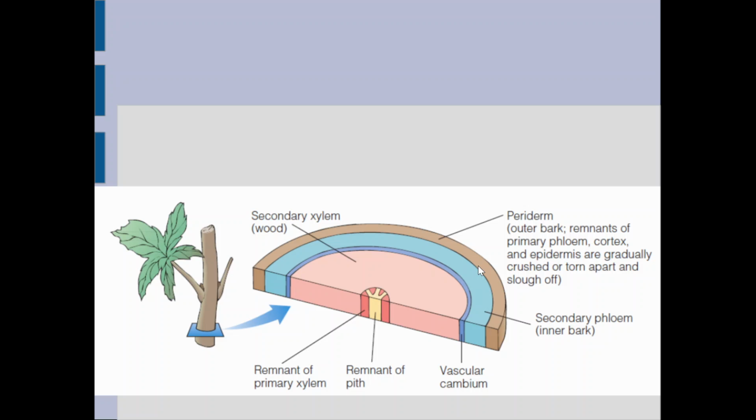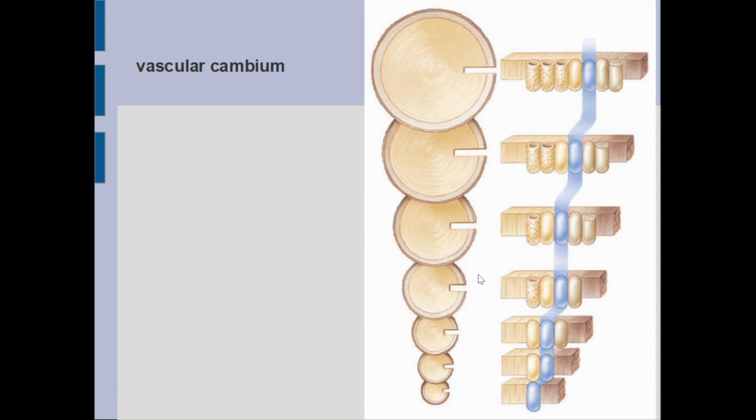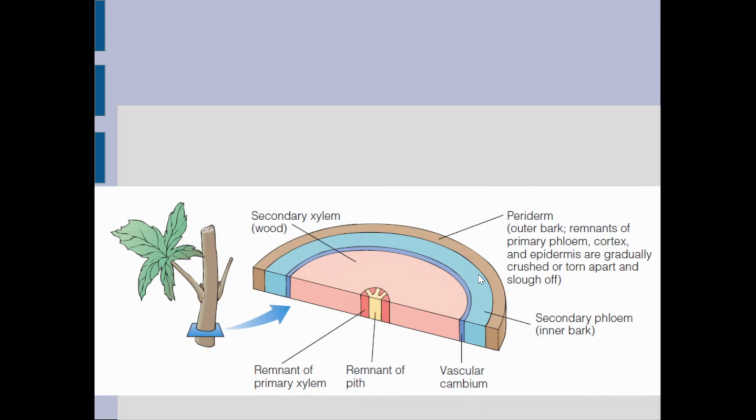So both have a bark, and there are two types of the bark: inner bark and the outer bark. So this inner bark is actually secondary phloem, and it is produced from the vascular cambium, and the outer bark is a periderm that is produced from the cork cambium. So these are different very much.